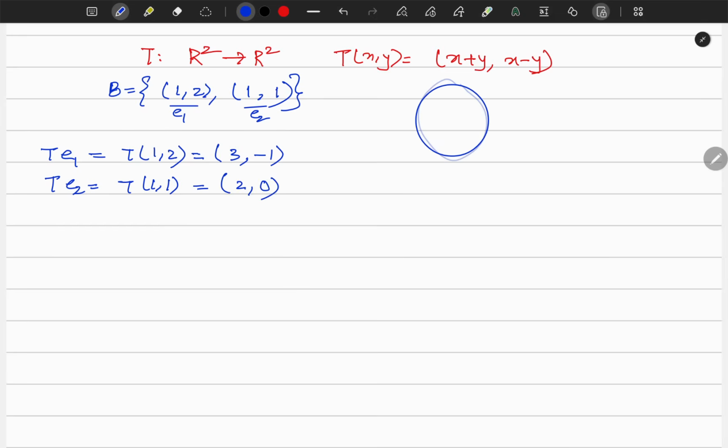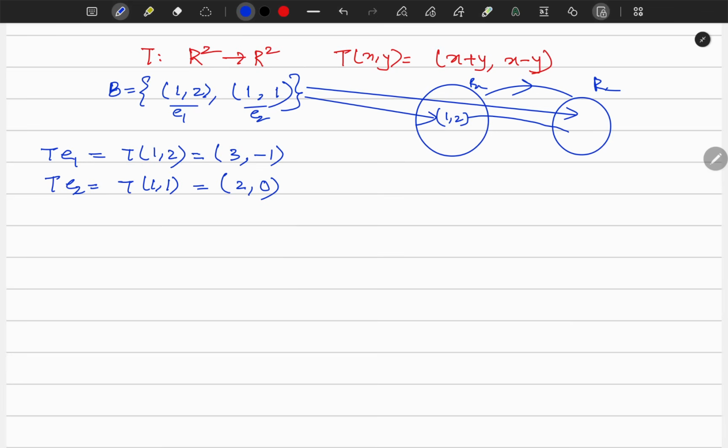Now remember, this is your R2, this is your R2. So here we have a basis B, and similarly this has a basis A. So now this is your 1 comma 2, it reached here as 3 comma minus 1, and now you have here 1 comma 1, it reached here as 2 comma 0.